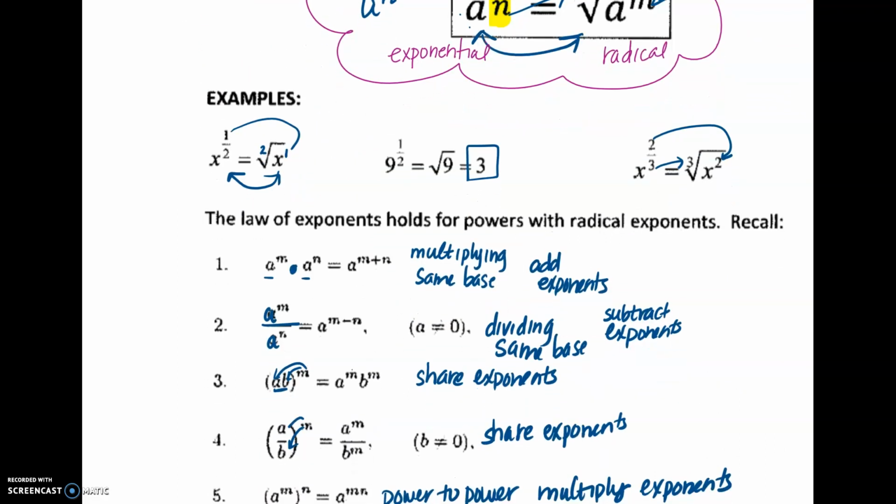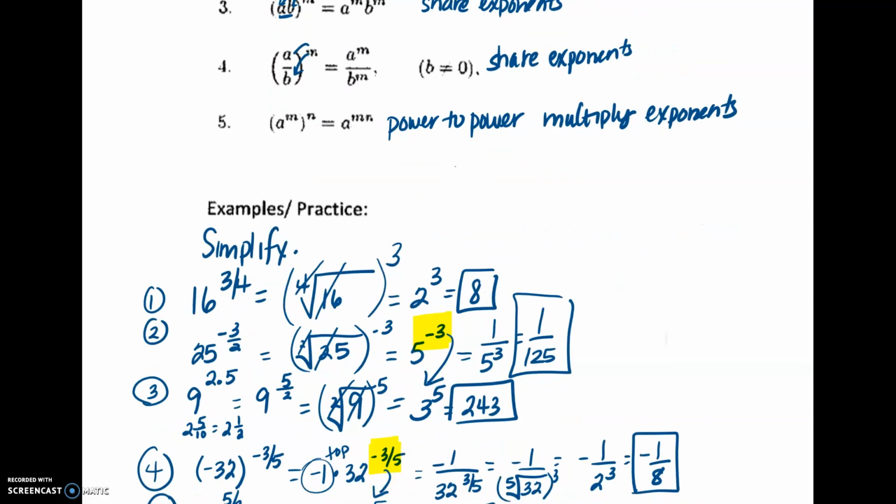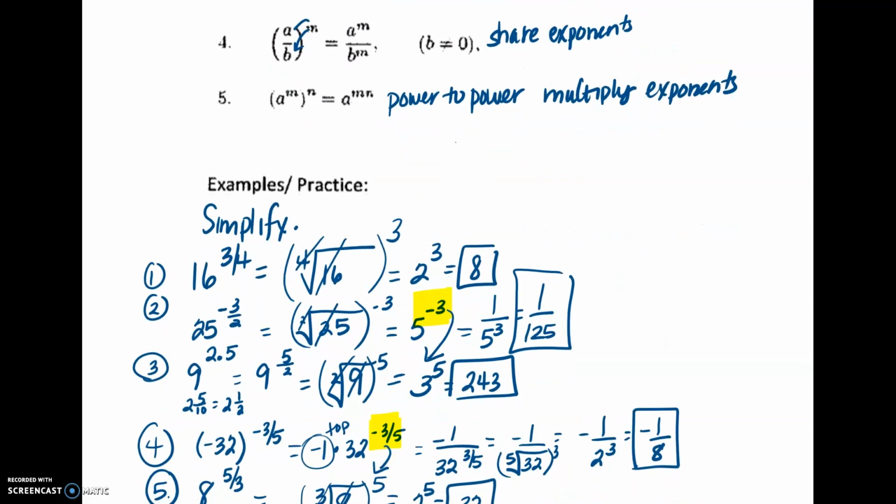These laws of exponents, you'll notice we were applying these throughout when we needed different things. We started off simplifying by going from this exponential form, and this became radical, and then we simplified it. We converted it.